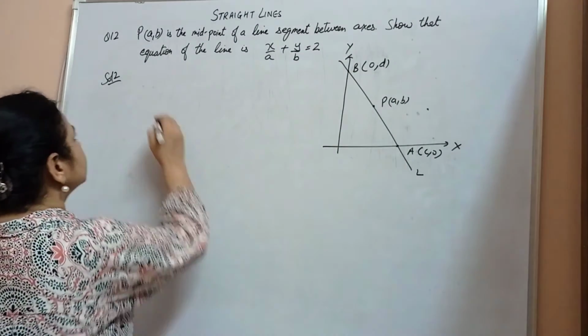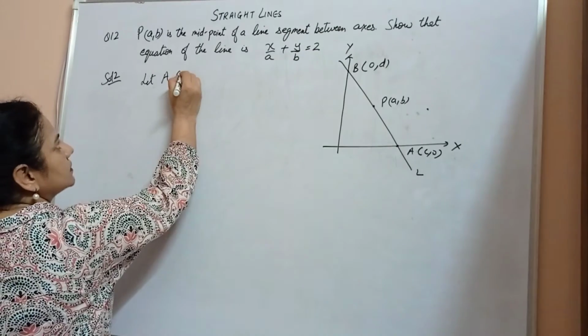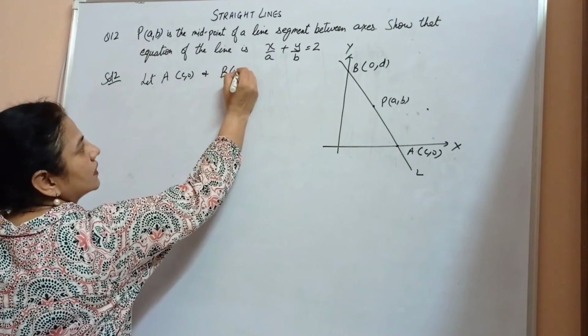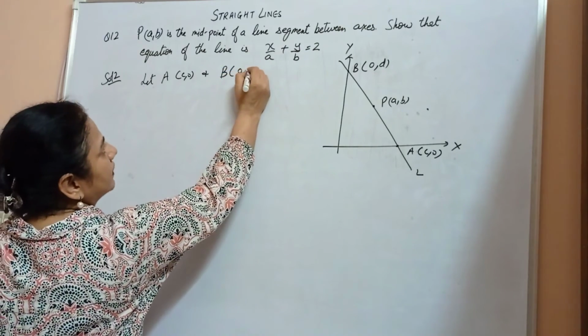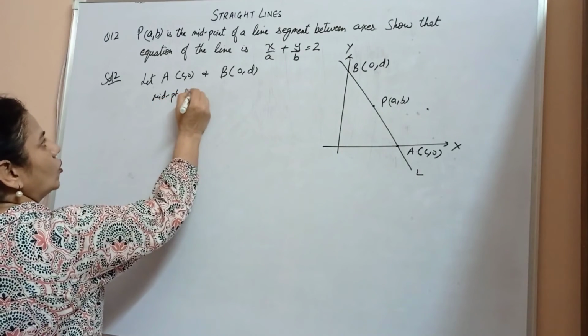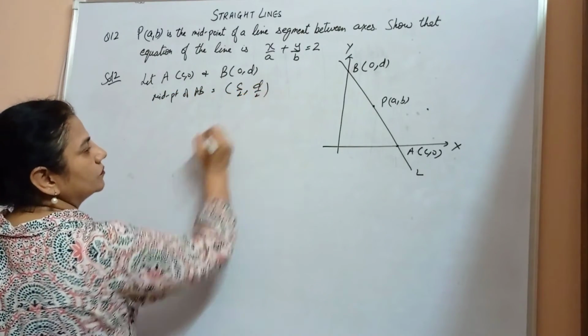So we say that let the coordinate of A be c comma 0 and the coordinate of B be 0 comma d, and the midpoint of AB is given as c by 2 and d by 2.